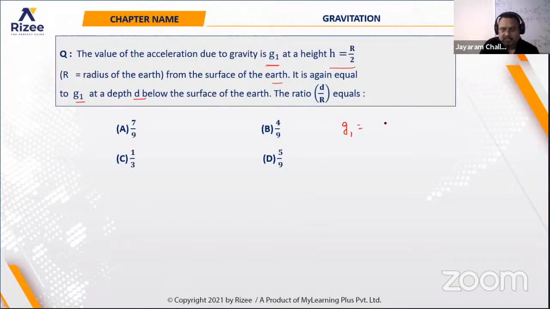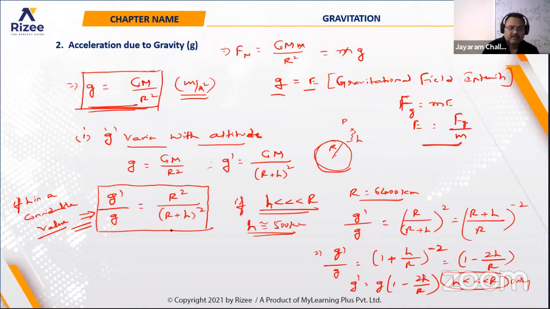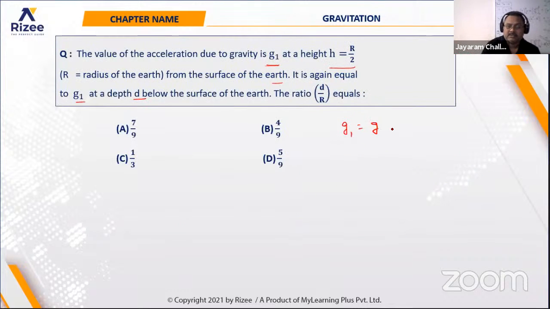Since it is R by 2, I am going for the generalized equation, which is g into R square by R plus h whole square.